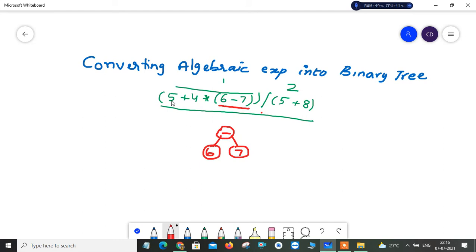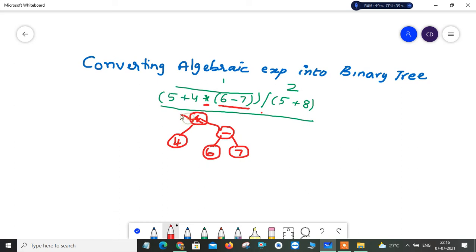And then here we have the remaining expression as 5 plus 4 multiplied. In plus and multiplication, multiplication has higher priority than plus. So the next operation is multiplication. Now you multiply with 4, and after that you add with 5.